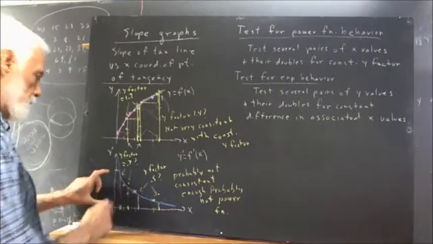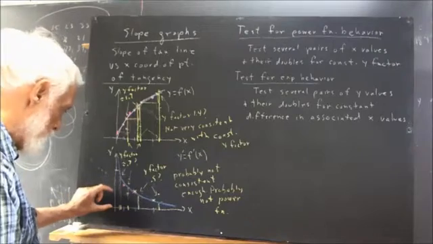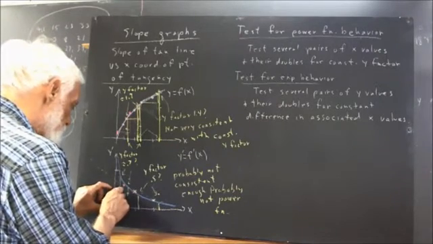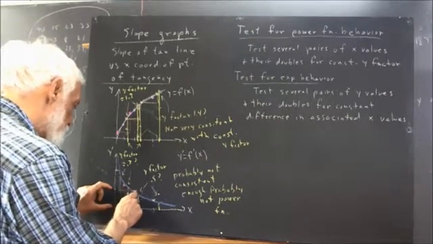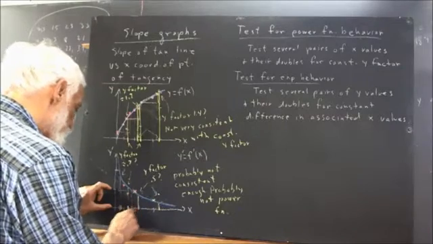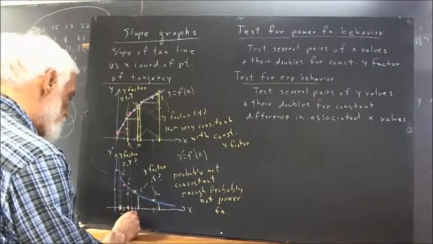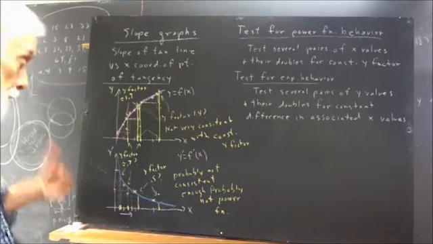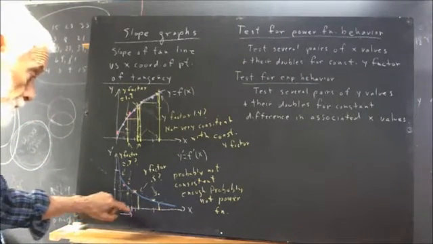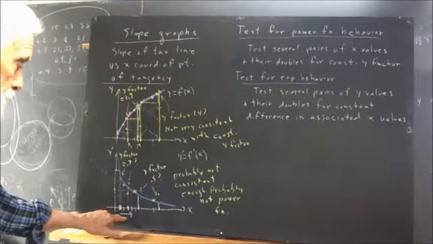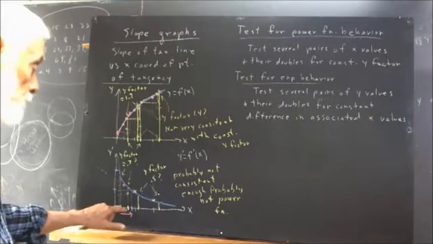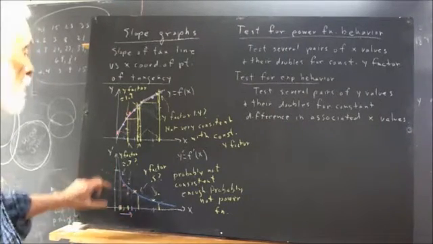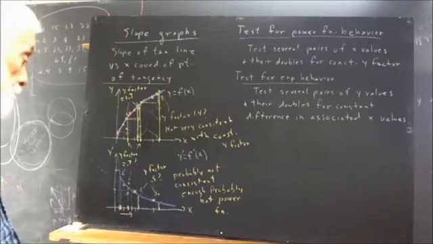Now we cut that y value in half, we get down to about here, and my associated x value is about here. So the doubling displacement, if we have a consistent doubling displacement, is the difference between these x values that correspond to having two y values.